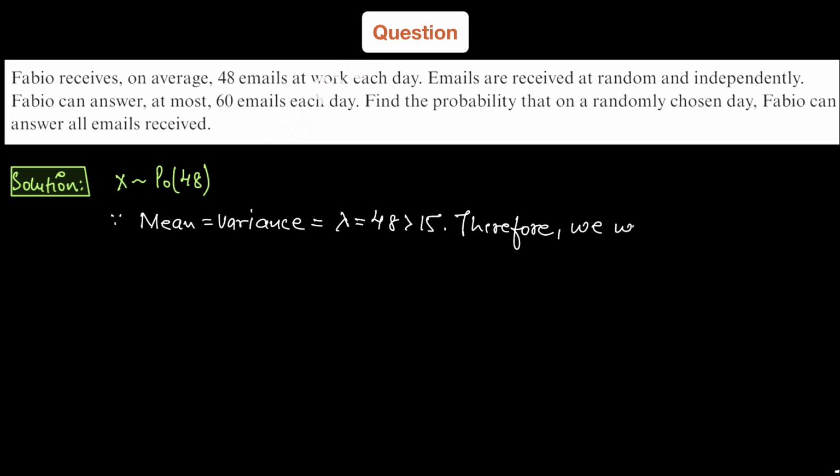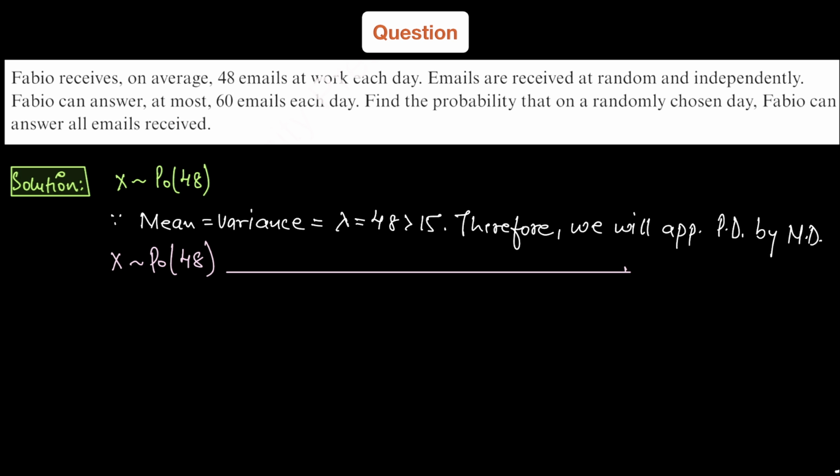we will approximate the Poisson distribution by a normal distribution. So we will write that X, which follows a Poisson distribution with mean 48, follows a normal distribution with mean 48 and variance 48.